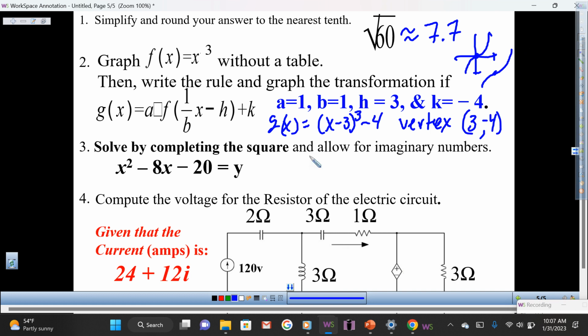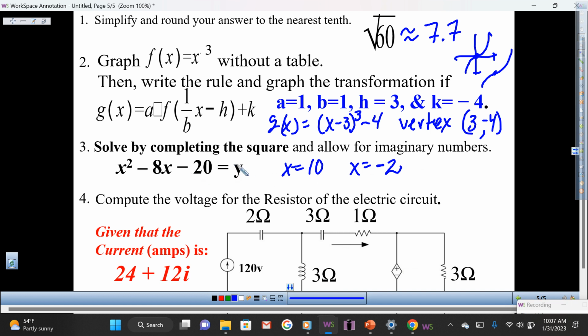All right, number 3, x equals what and x equals what? Angel. 10, and negative 2.